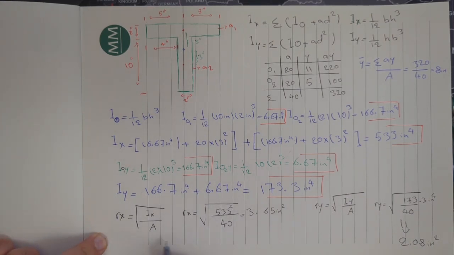And the last part of the question was the polar moment of inertia. Polar moment of inertia, based on our formula, is J_CG equals Ix plus Iy.